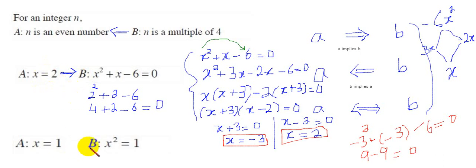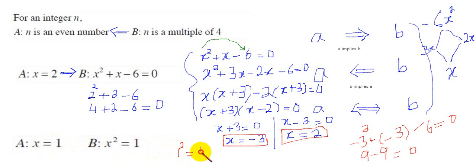Okay, now this one, the third question. So statement A is x equals 1. So if x equals 1, then the statement B is x squared equals 1. So let's put this one in this equation and let's see what happens. So 1 square is definitely 1 because 1 square means 1 times 1.